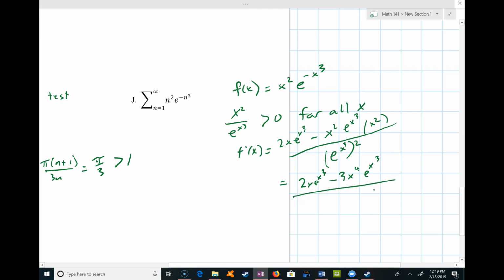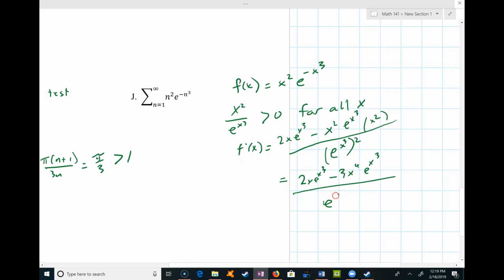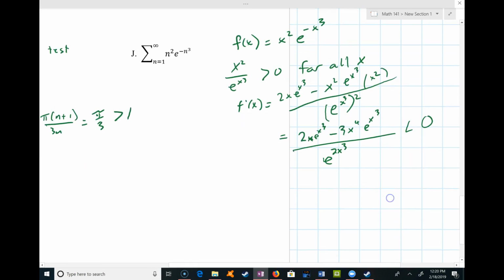All over e to the 2x cubed. Okay, so the bottom is always positive, and the top, since this portion is bigger than that, we know that it's always going to be less than 0 for all x.